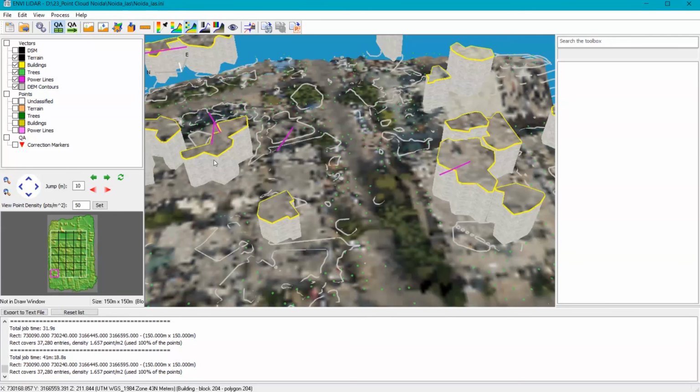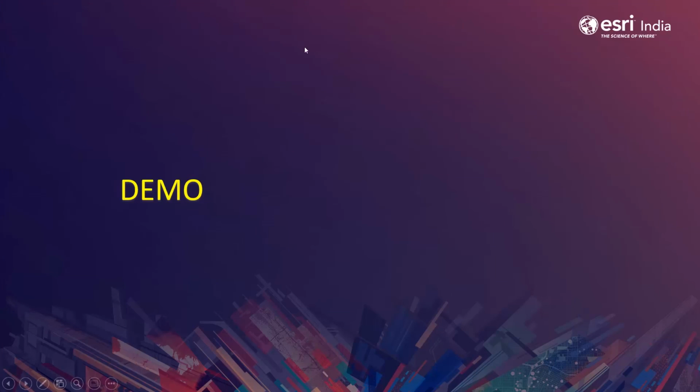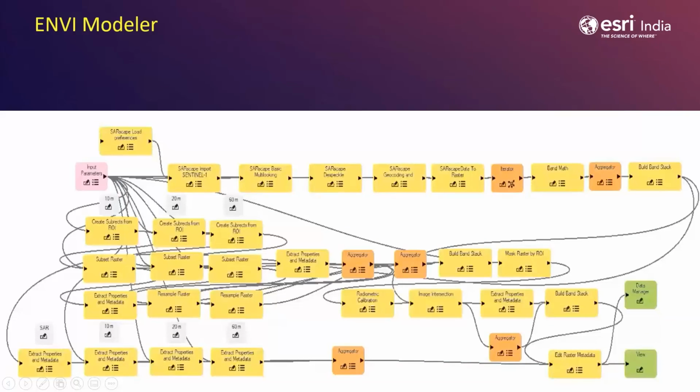ENVI LIDAR has some processing capabilities that are accessible directly through the graphical user interface. A user can easily create a DEM, and extract buildings, trees, power lines, and power poles from the dataset.